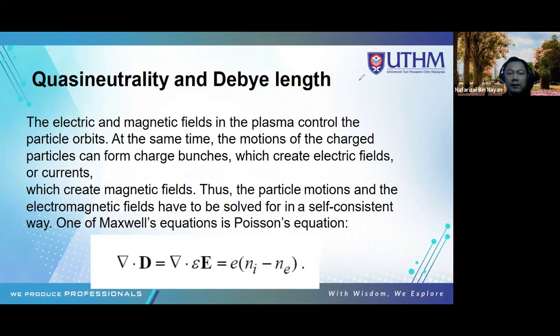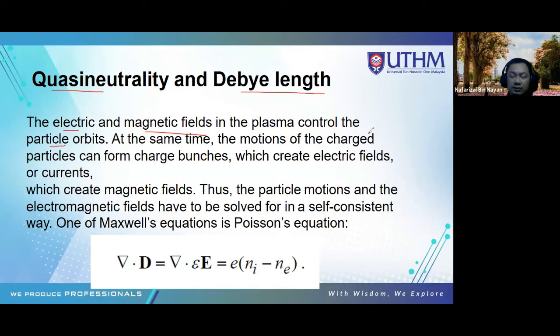One of the basic fundamentals we have to understand in plasma is quasi-neutrality and the Debye length. The electric and magnetic fields in the plasma control the particle orbits. At the same time, the motion of the charged particles can form a charged bunch, so it creates an electric field and also a current.